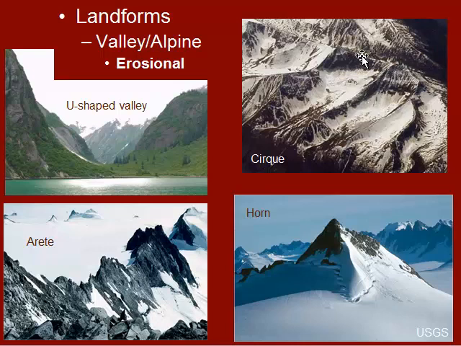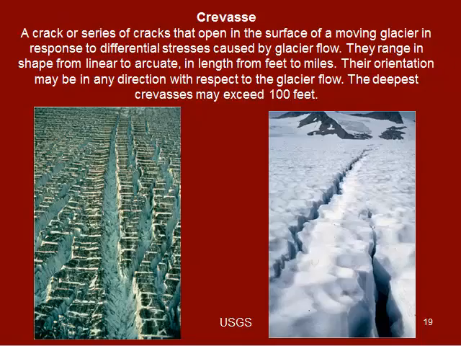Where we have several cirques surrounding each other, we can get a horn, a peak sticking up in the middle, and then you get glaciers flowing out from around that horn. And this ridge line you can see here in between two glaciers is called an arête. So it's a bedrock ridge line in between two glacial valleys.